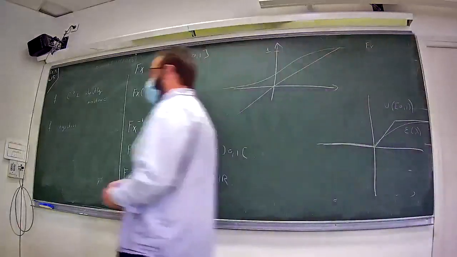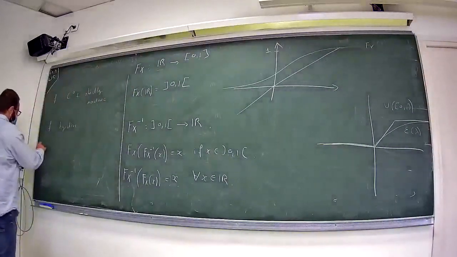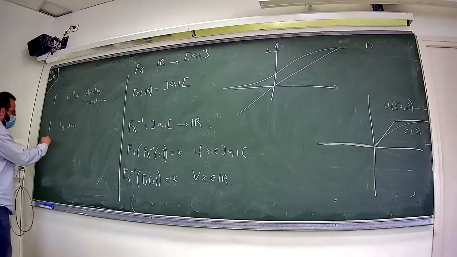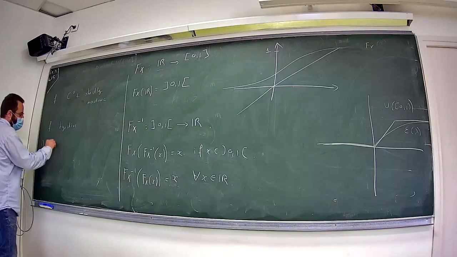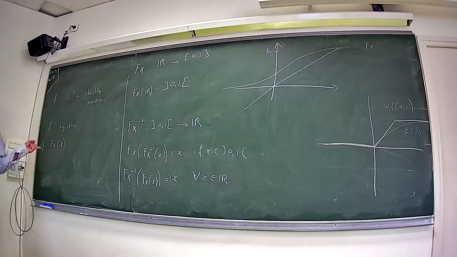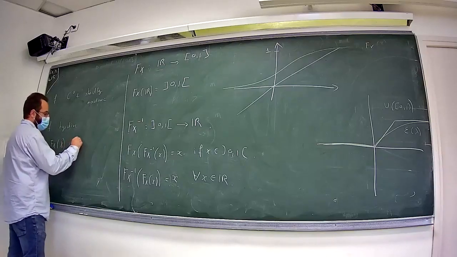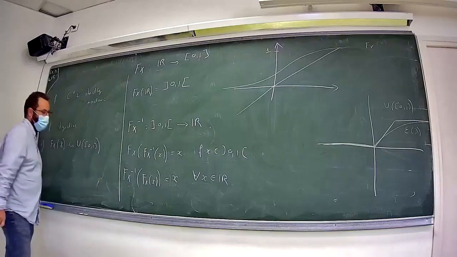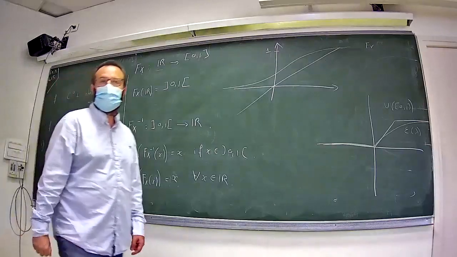First question, I want you to prove that if I take F_X of capital X, I am able to find the distribution of this one. It is always uniform on the interval (0,1), always.